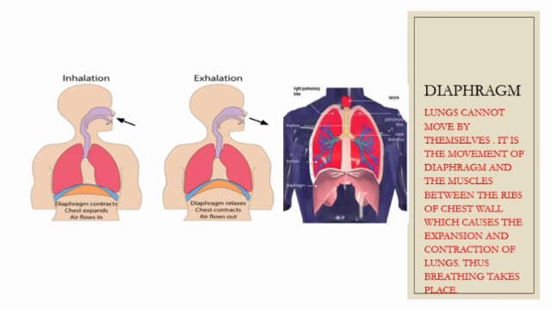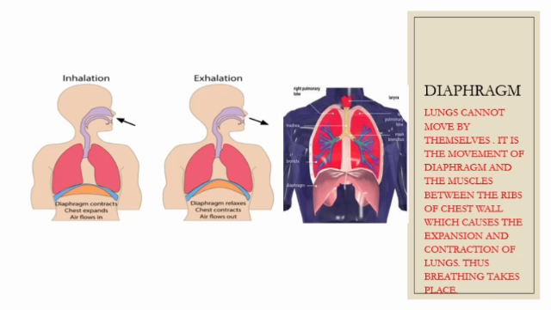So the diaphragm and the muscles between the ribs of the chest wall cause the expansion and contraction of the lungs, and thus breathing takes place. This is another important part of the respiratory system, the diaphragm.